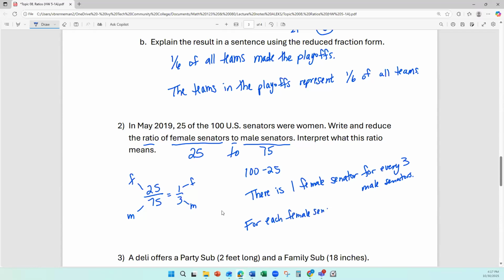We don't necessarily have to write the 1. The word every or each implies 1. For each female senator, there are 3 male senators. So something like that.